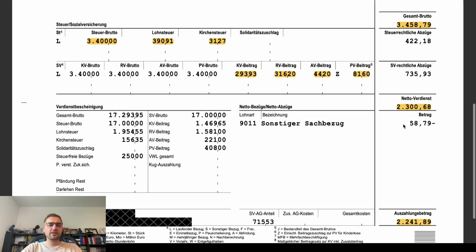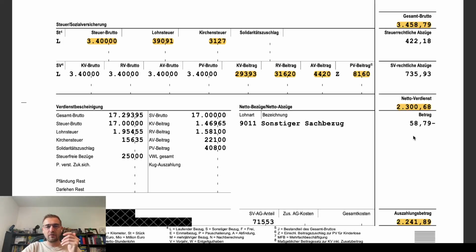Then you can do a tax return and say, I have higher expenses for work, or for some other social things, for example illness, and then you can deduct this from your taxes, and then you get a higher net at the end, but not on your monthly payslip, because the monthly payslip is very automated.